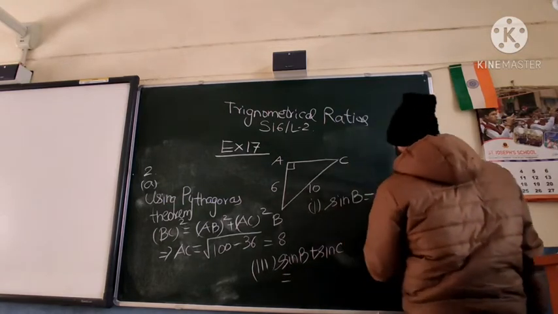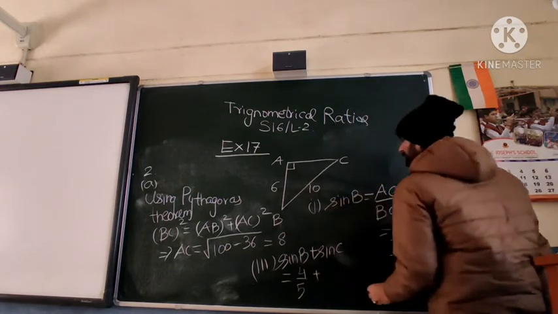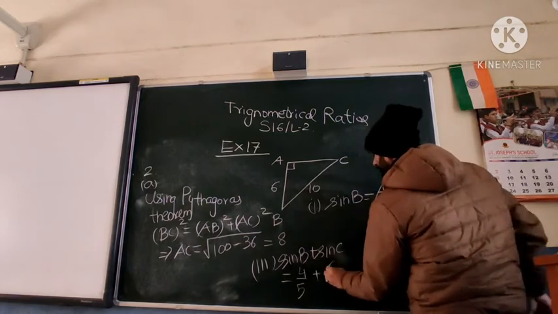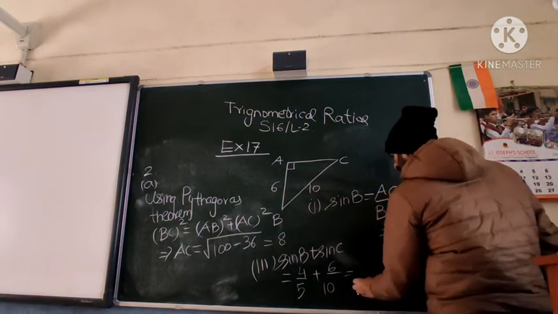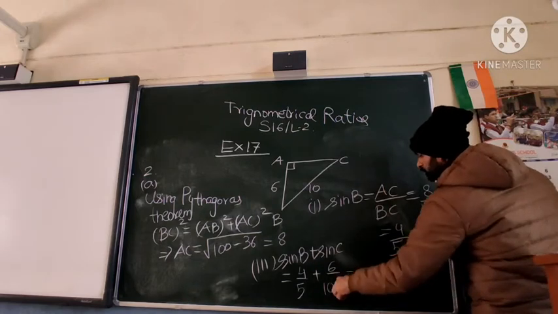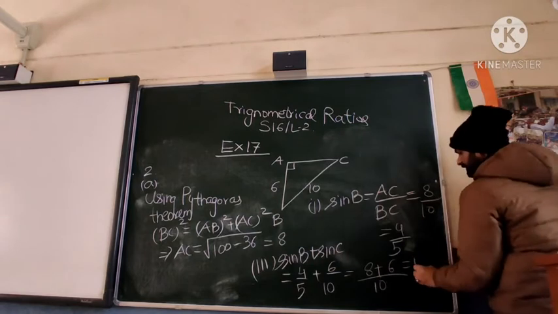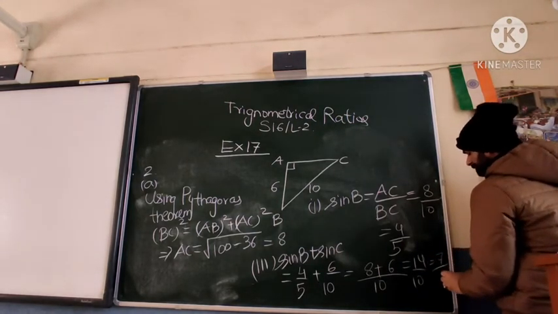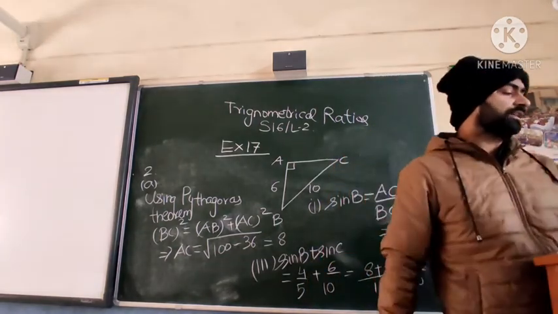Sin B you got 4 by 5. Sin C, for C, what is the perpendicular here? 6. What is the hypotenuse? 10. LCM of 5 and 10 is 10. 5 2s are 10, 4 2s are 8, and 10 is 10, 6 is 6. 8 plus 6 is 14 by 10 or 7 by 5. That should be the answer of sin B plus sin C.